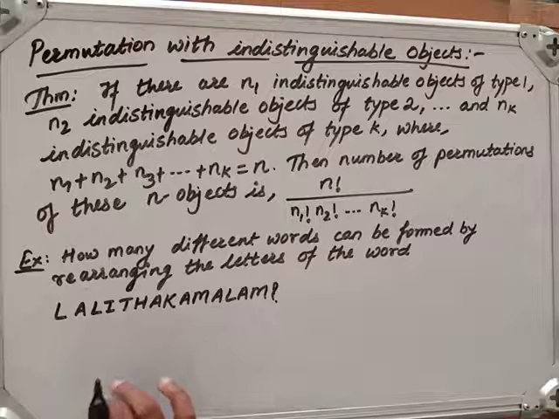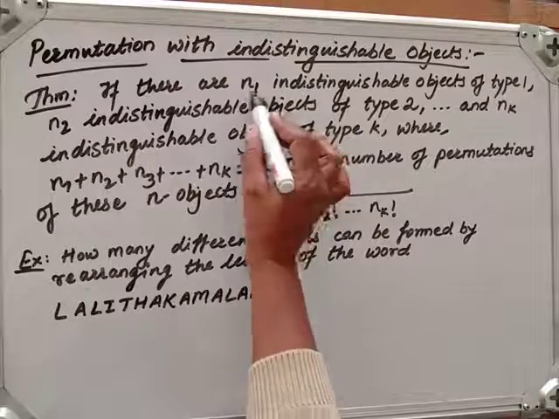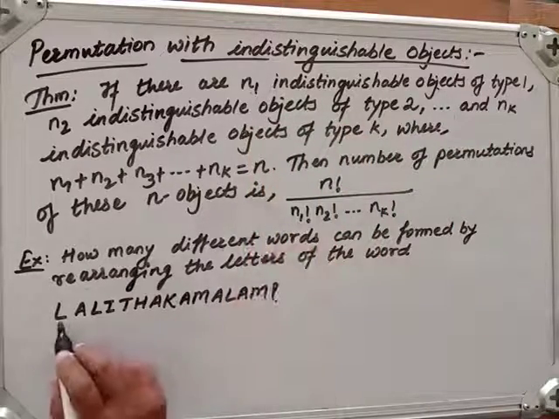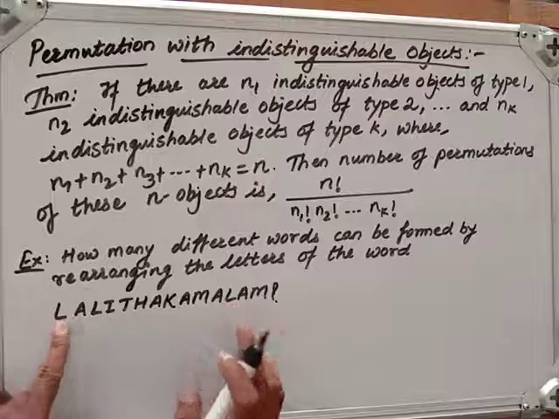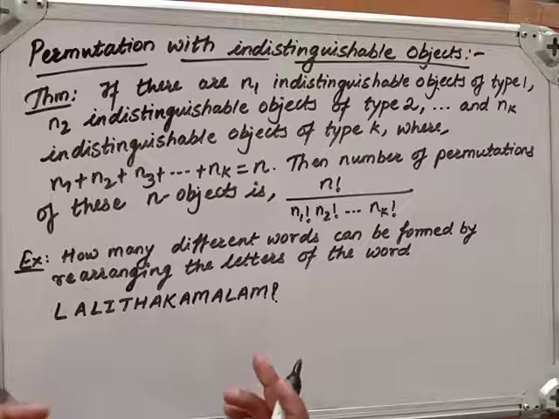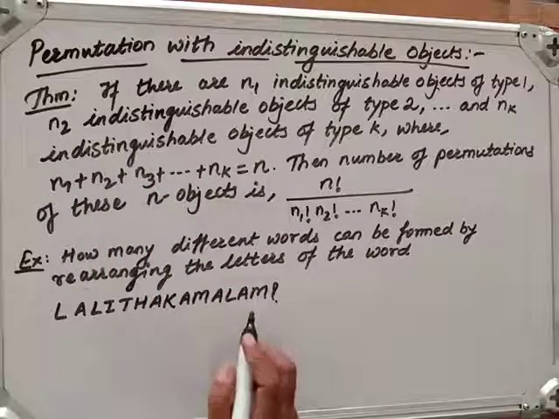So that is the thing here: n1 indistinguishable objects means these 3 L's are not different, these are the same kind of object. n2 indistinguishable means A is also of the same kind.